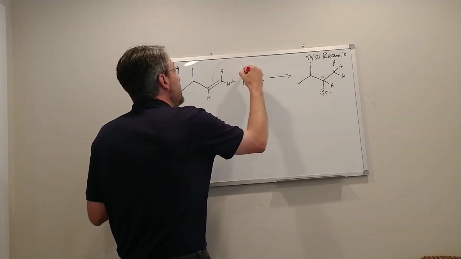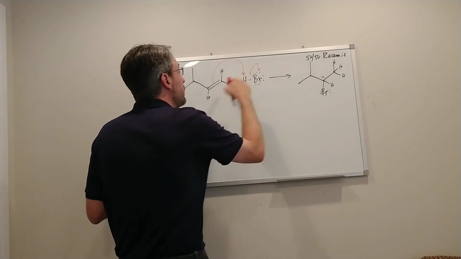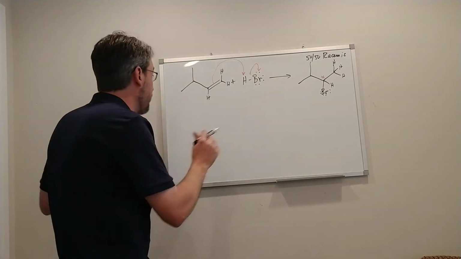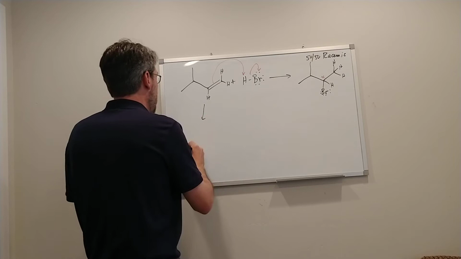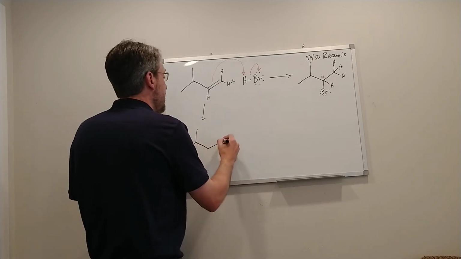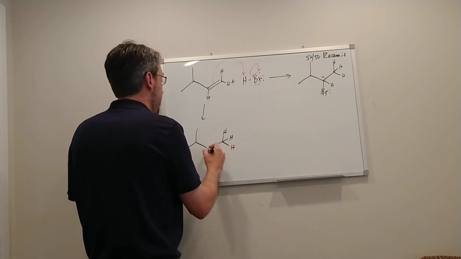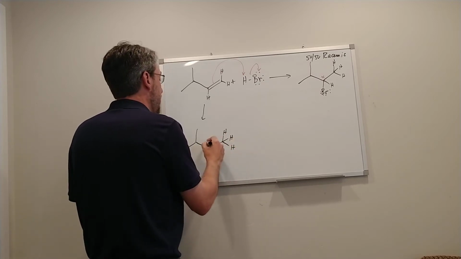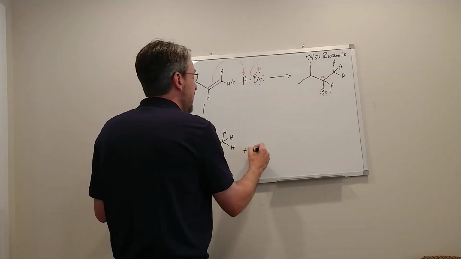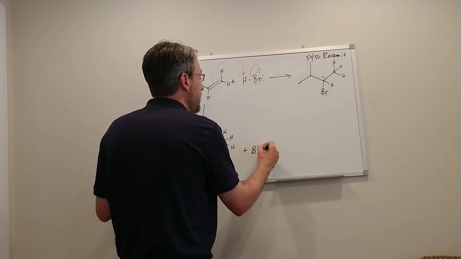So again, alkene is the nucleophile, H is the electrophile, right? So from those arrows, what we get, again, the H adds to the right-hand end. Our carbocation is here, and we have Br minus.